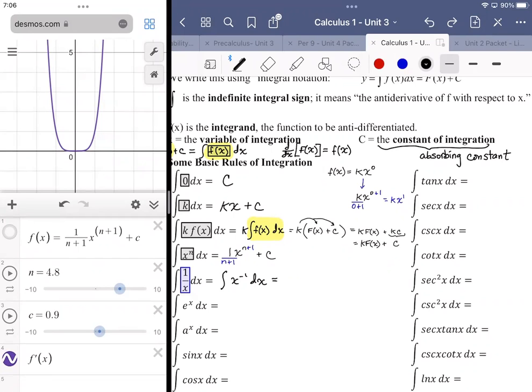So I'd be looking for some function that when I reduce the power by 1, the new power becomes -1, right? So if I reduce an n value by 1, my new power would be n minus 1.